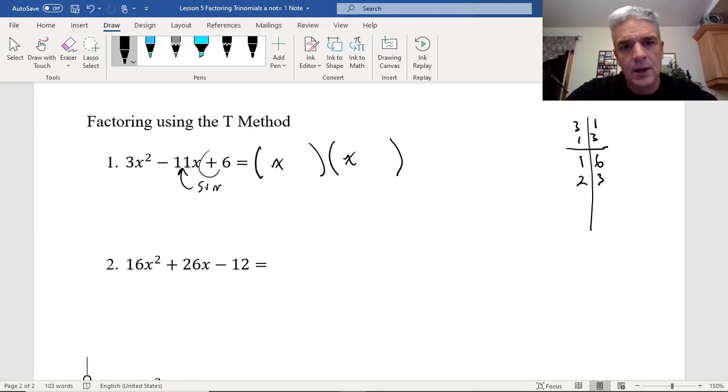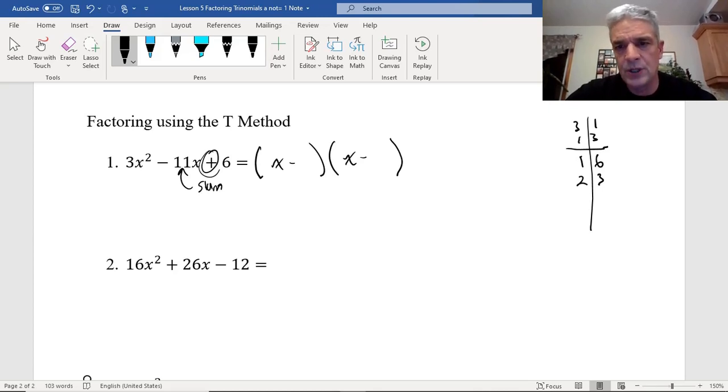We already know our signs here are both going to be negative, because that's the only way we can get a positive answer here and a negative answer there. Two negatives will multiply to give positive 6, and then two numbers that add to give a negative will both have to be negative. So we're looking for a sum because this is a positive sign. We'll do some examples with negatives, where we'll look for differences.